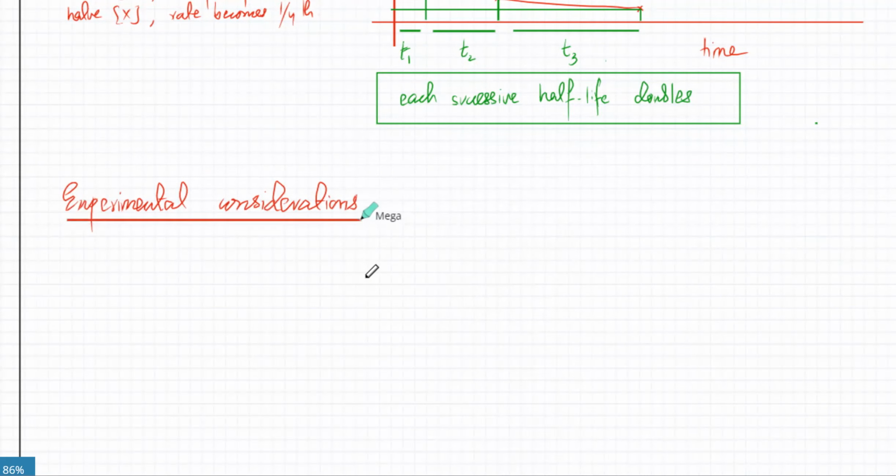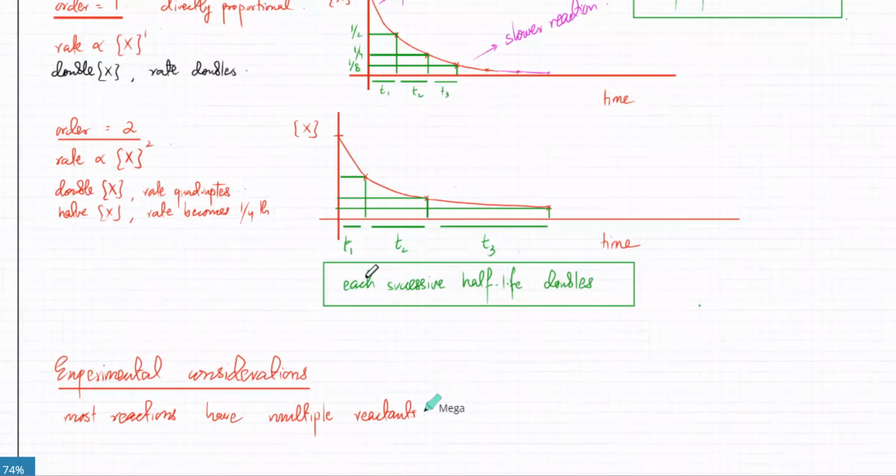Now the first thing is most reactions have multiple reactants. Now the point I'm trying to make is the concentration of X is decreasing and the rate of the reaction is also slowing down.